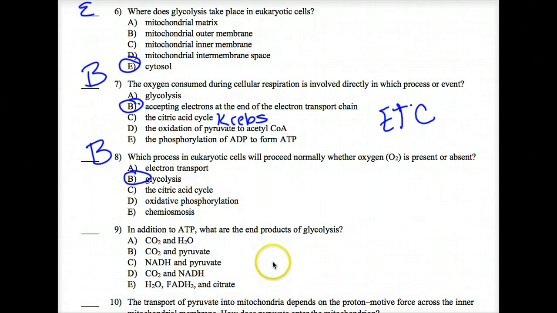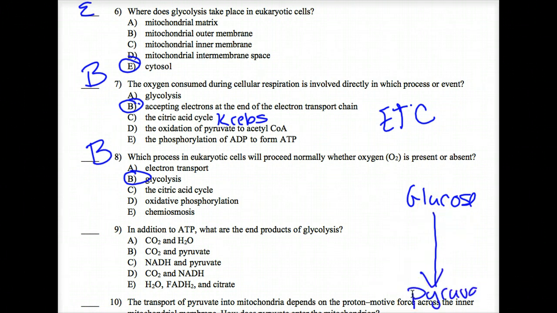In addition to ATP, what are the end products of glycolysis? When you do glycolysis, you add a glucose, and then you get out pyruvate, specifically 2 pyruvate. Now, what else do you get out? You put in, and I'm going to generalize this, 4 ATP. Actually, I'm sorry, that is incorrect. You put in 2 ATP, and you get out 4 ATP.